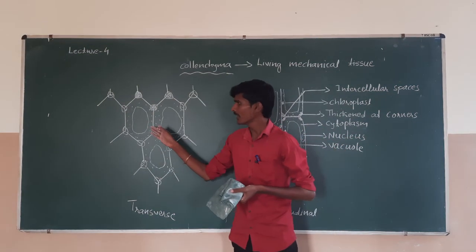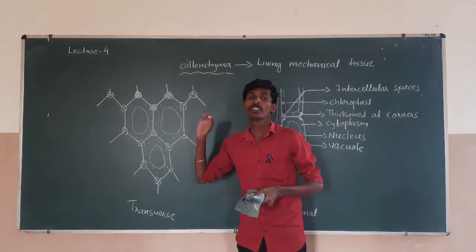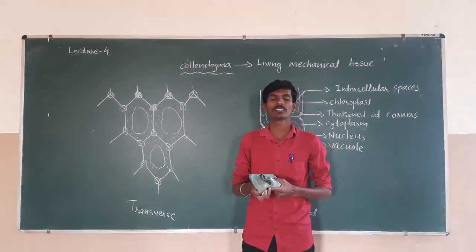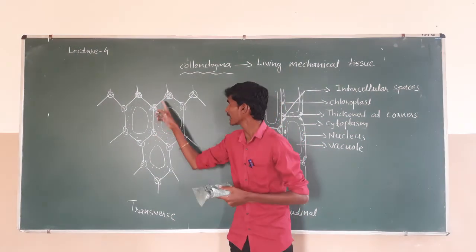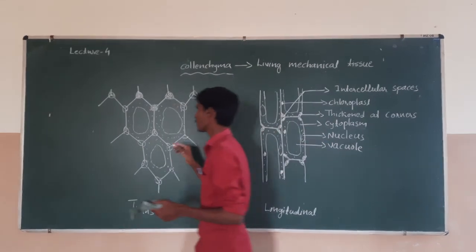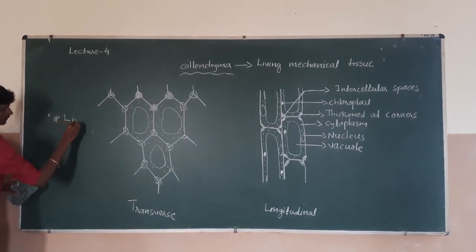In this tissue, the cells are living, elongated and thickened at the corners. The first is that the cells are living.